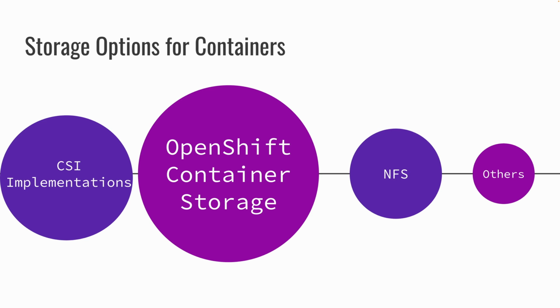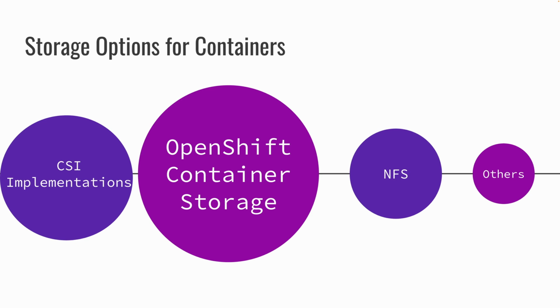Then you will be able to create persistent volumes and persistent volume claims and attach them to your pod. Many storage vendors have developed their own CSI implementations, and they are made available in open source, so you can use them already.